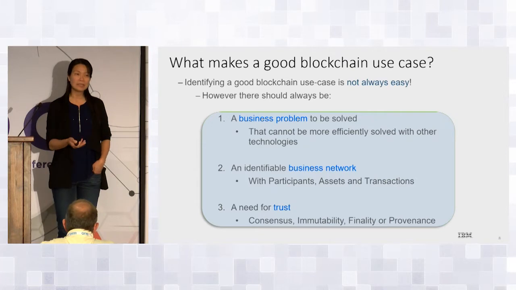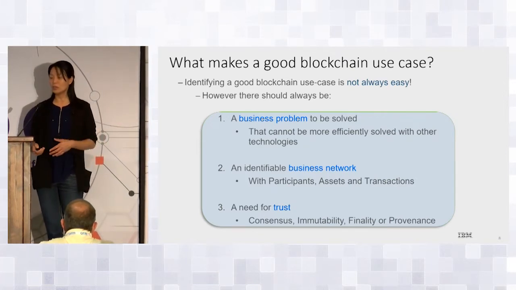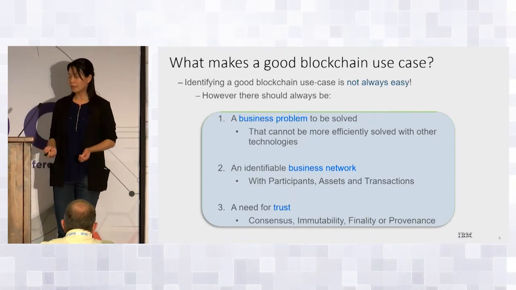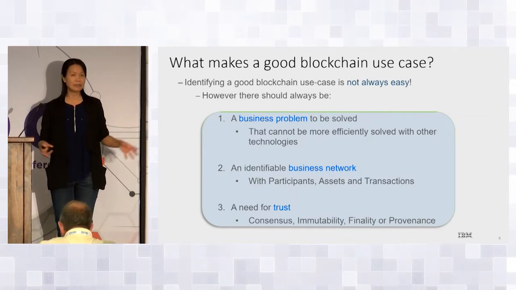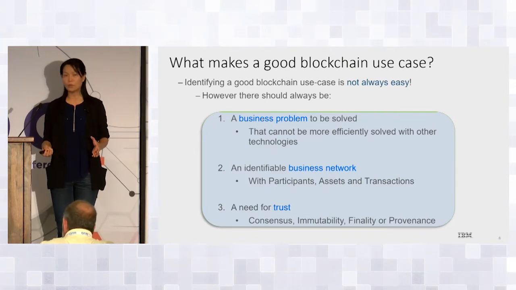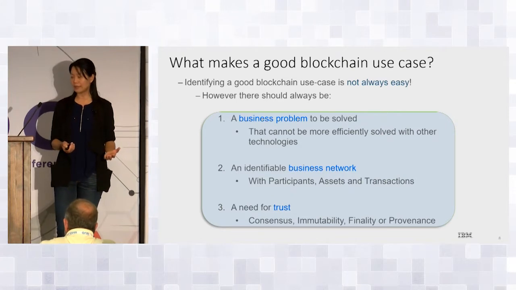You really don't need blockchain as a distributed technology to solve the problem. And once you have the problem identified, you'll be able to identify, surrounding this pain point, who are the stakeholders who need to be involved to create that business network. Then you can identify the participants, what is the asset you try to put on the blockchain, and then the transaction.